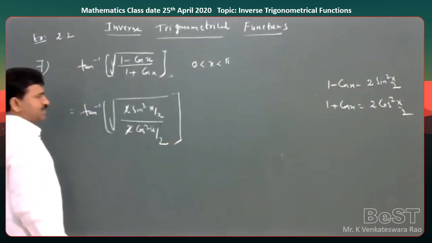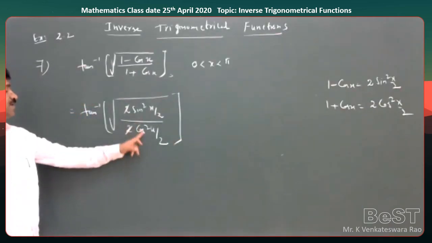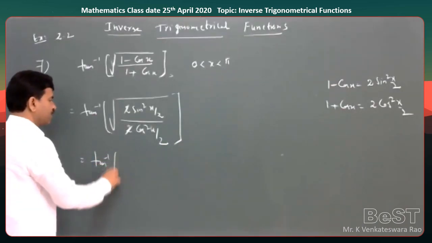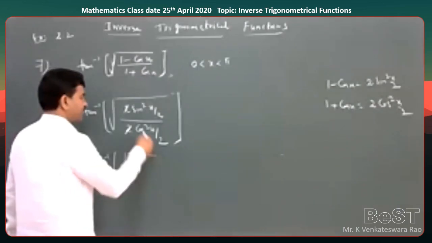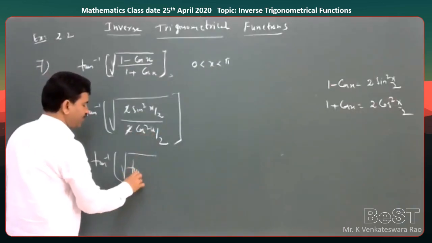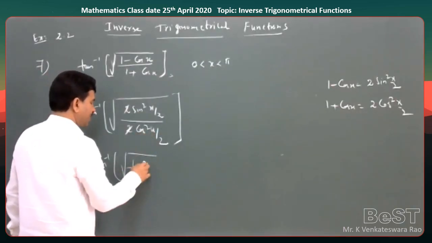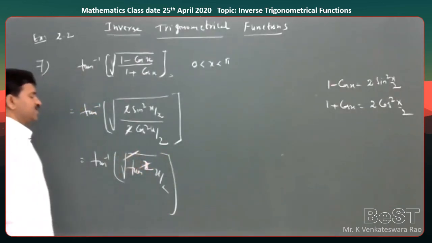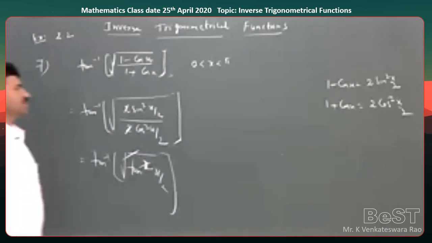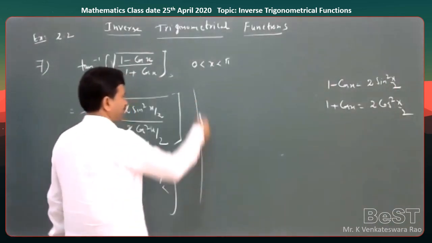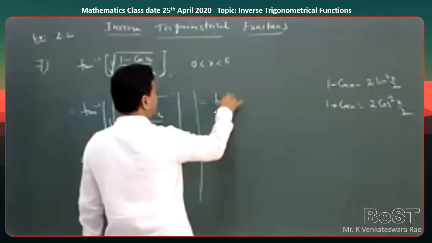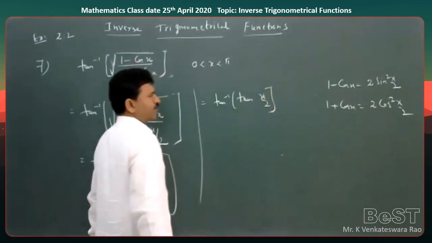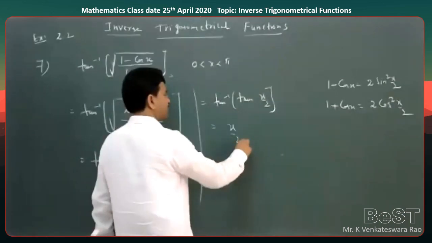So this is sine square x by 2 by cos square x by 2, which is tan inverse of square root of tan square x by 2. The square root and square cancel, so this is tan inverse of tan x by 2, which is x by 2. That's all.